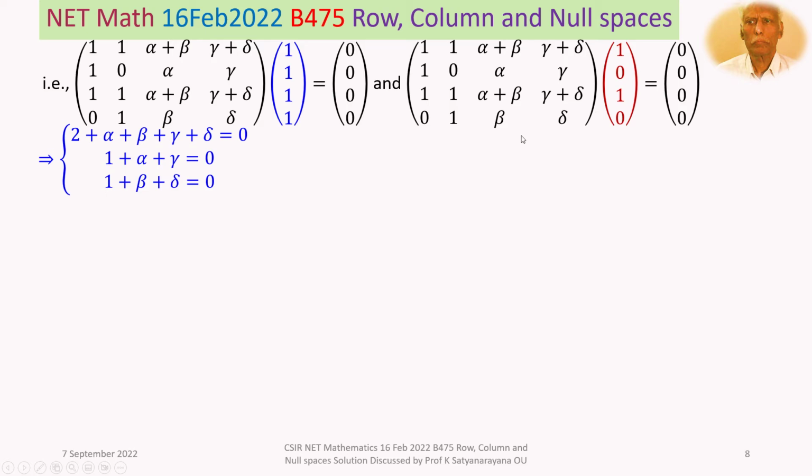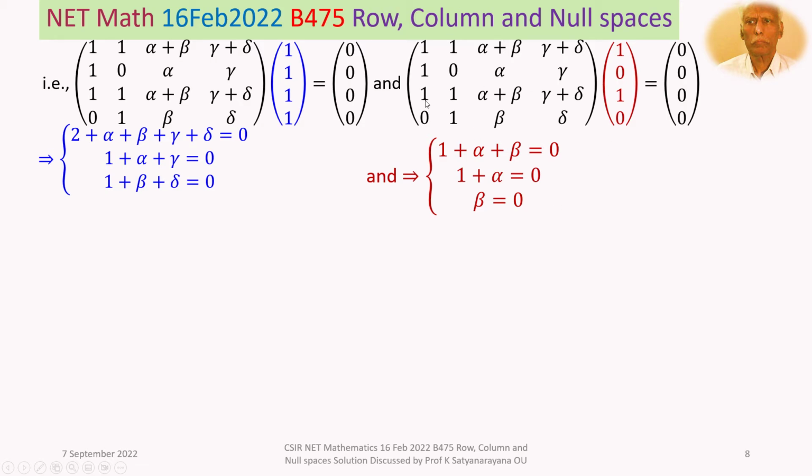In a similar fashion, we do it here. The first row multiplied by the column vector (1 0 1 0) gives 1 plus alpha plus beta is equal to 0, and the second row gives 1 plus alpha is equal to 0.